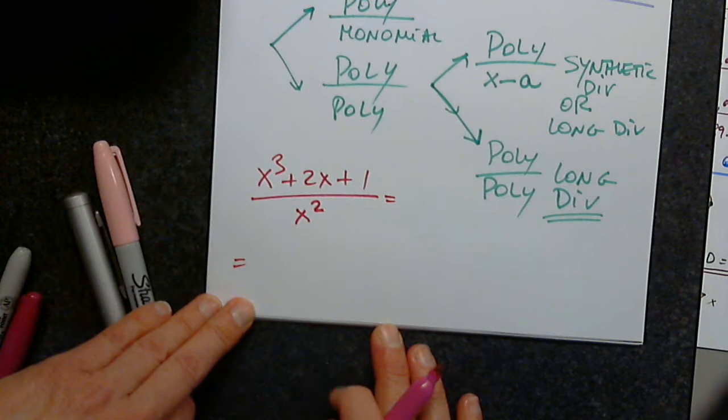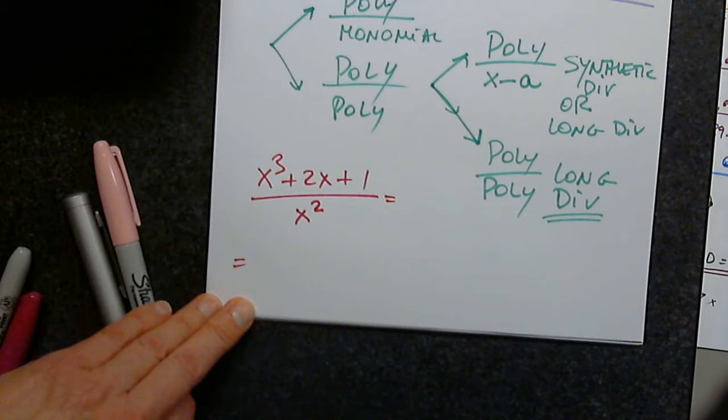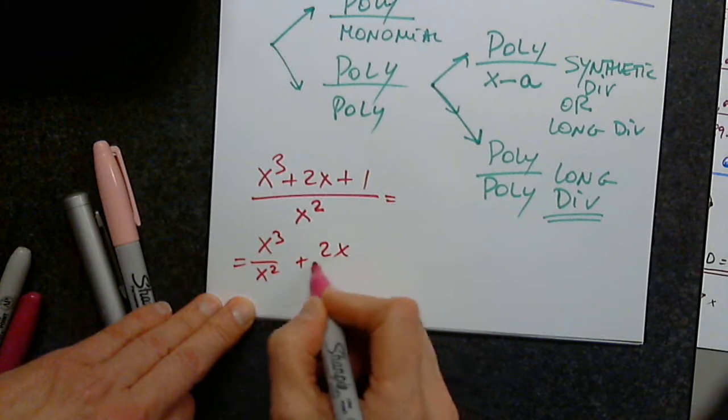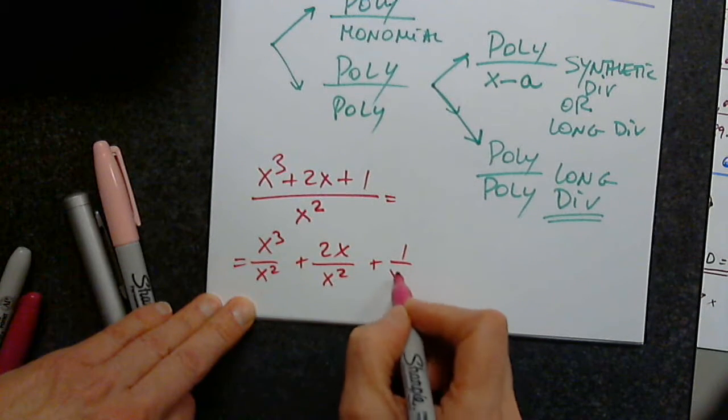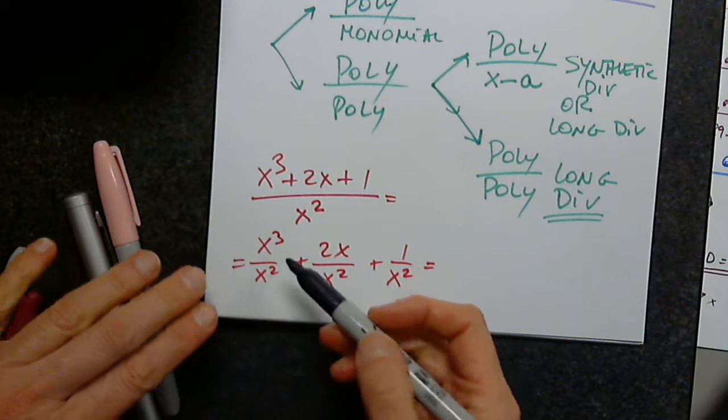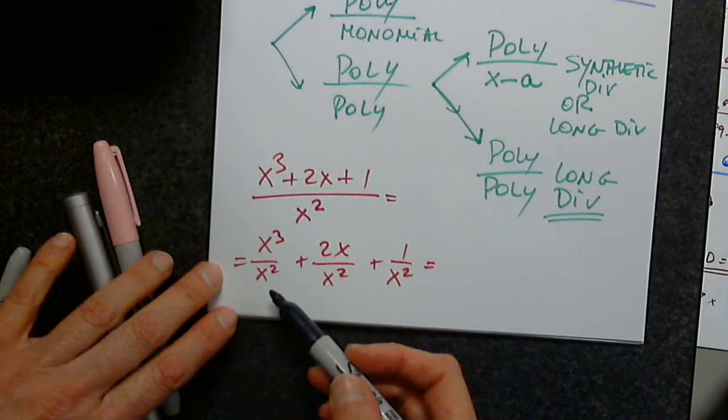Into how many fractions? Exactly, because the numerator has how many terms? That's it. So x cubed over x squared plus 2x over x squared plus 1 over x squared.